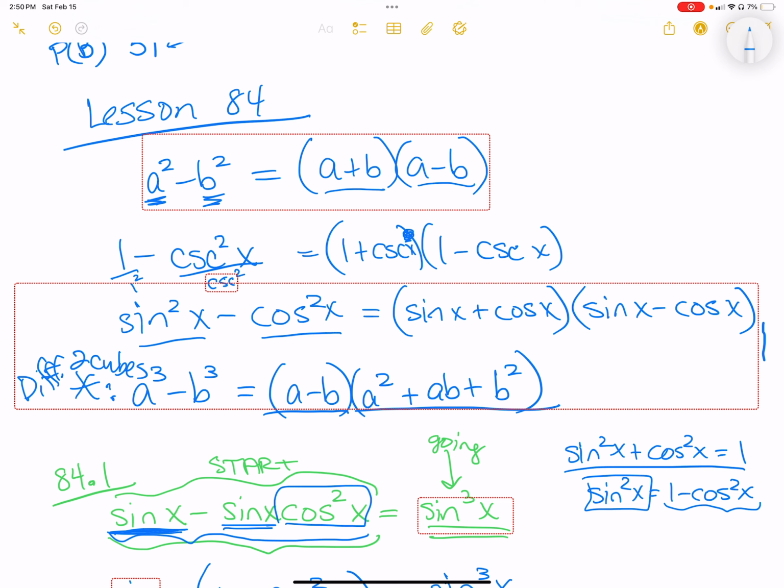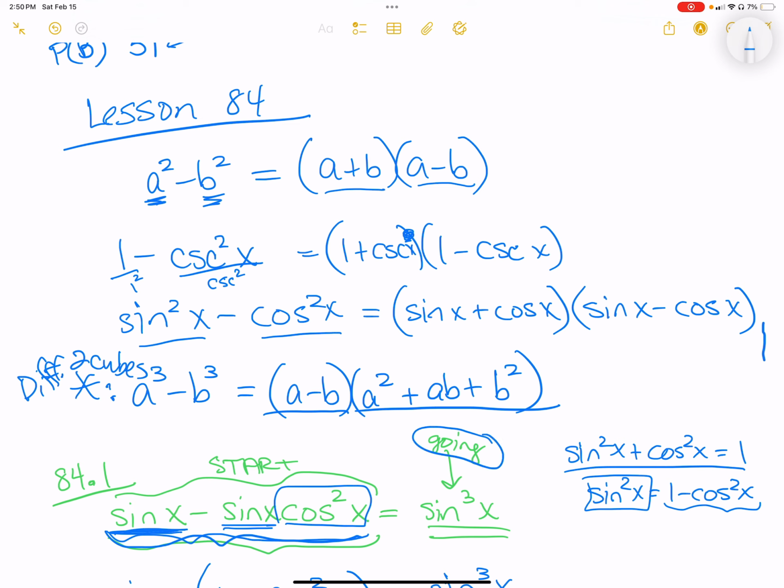So we're starting with sine x minus sine x cosine squared x. All right, so this is where we're starting, and this is where we're going. We want to try to get the left to say sine cubed x. So the first thing I want to look at is, can I factor anything? Can I pull anything out?